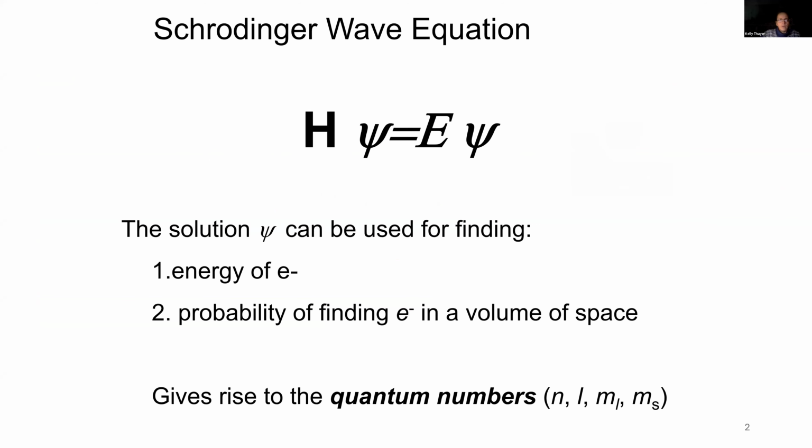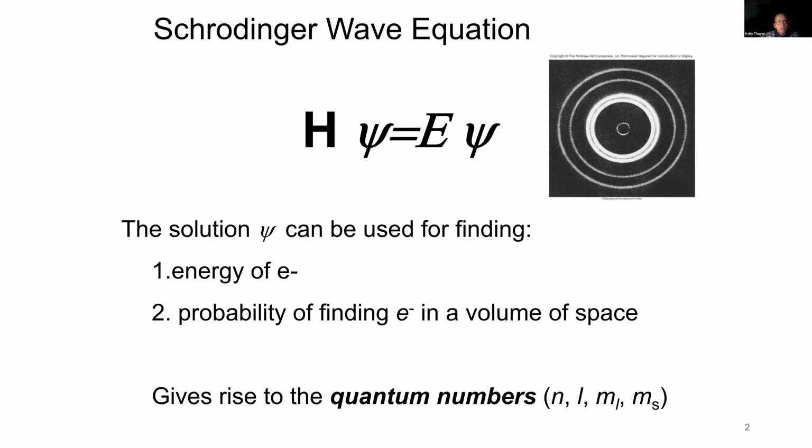All right, so we have now seen the Schrödinger equation, the wave equation, H psi equals E psi, and we have even seen how we can solve this for some simple systems. Also, the Schrödinger equation can be written for something more complicated than particle in a box.